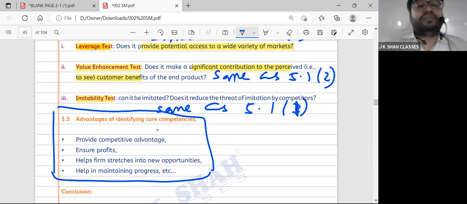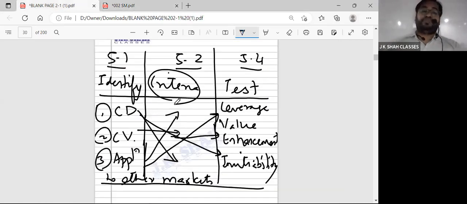That is the point here. It helps the firm stretch into new opportunities. We can expand our business. We can enter into new geographical segments. We can enter into new product lines. Last point, helps in maintaining progress. We are able to maintain our profitability. Any doubts up to this point? No. Okay.